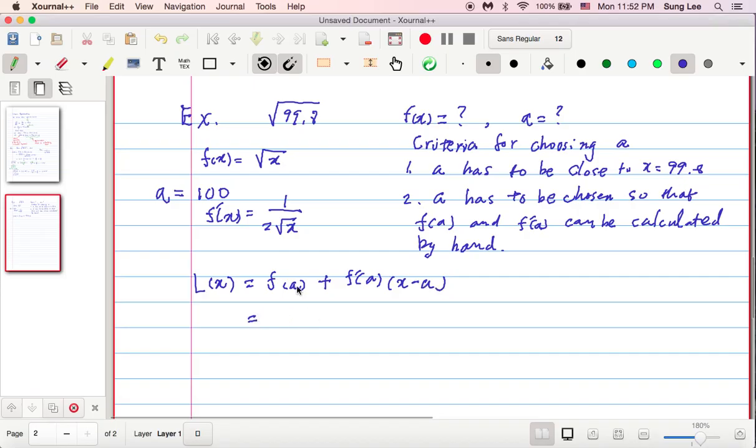That's going to be f of 100, which is 10, plus f prime of a, which is 1 over 20, times x minus a, where a equals 100. To simplify this, I'm just going to leave it like that.